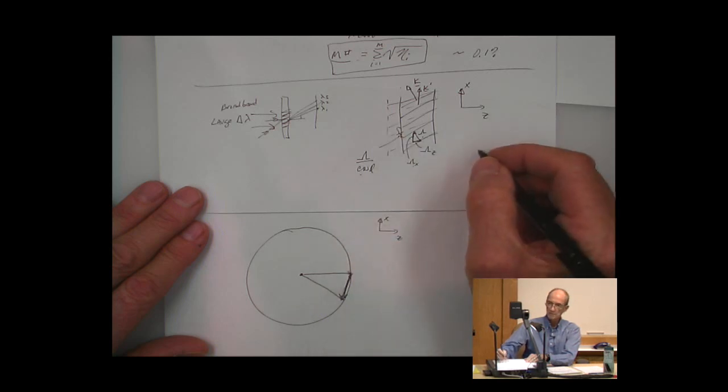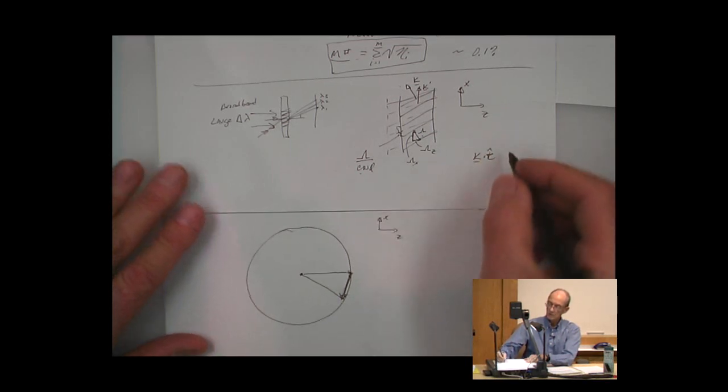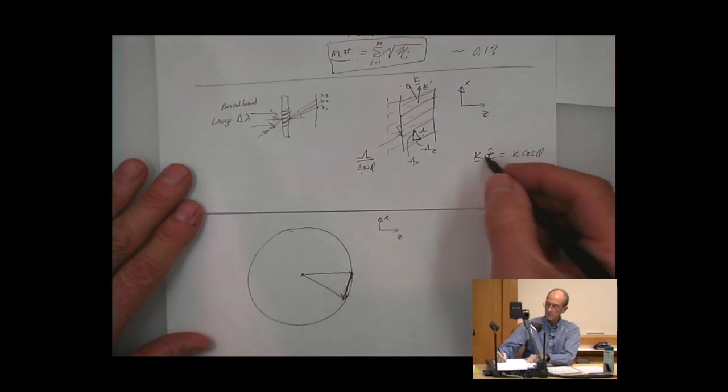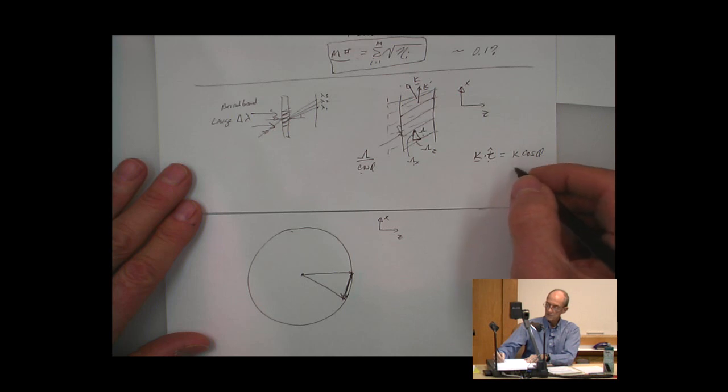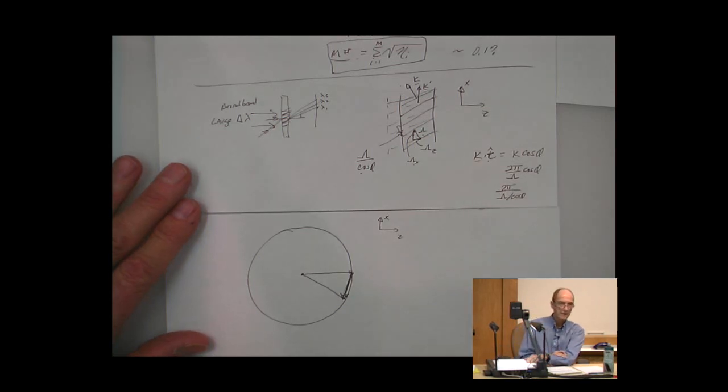Remember when we derived the imaging relations, we had k dot t. This k dot t is equal to k cosine of phi, which is the angle of k relative to t. So this is 2 pi over lambda times cosine of phi, which is 2 pi over lambda over cosine phi, the projected value for that.